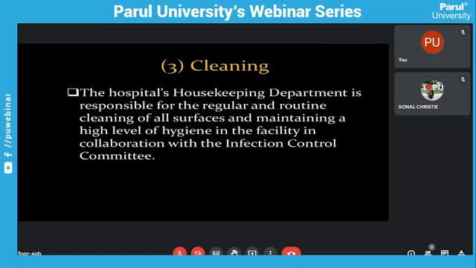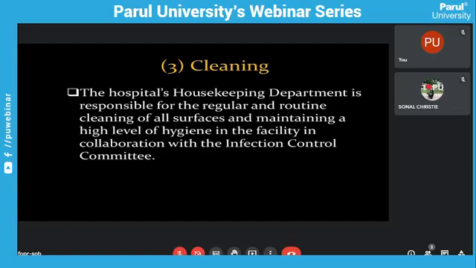The hospital housekeeping department is responsible for the regular and routine cleaning of all surfaces and maintaining a high level of hygiene in the facility, in collaboration with the infection control committee. In the cleaning process, housekeeping staff has to work in coordination with the infection control committee.